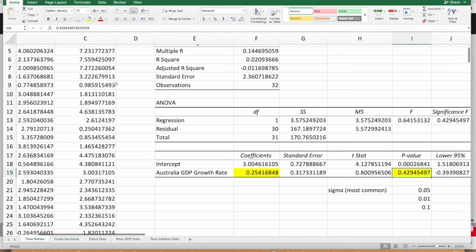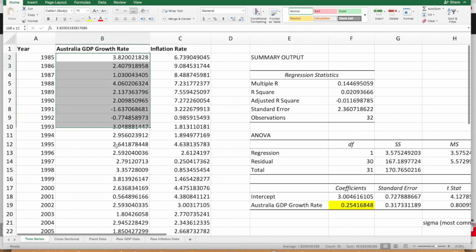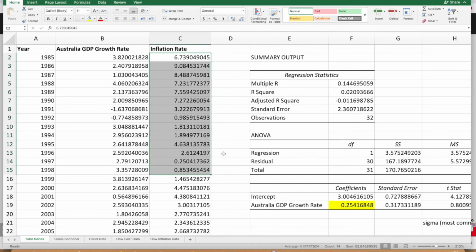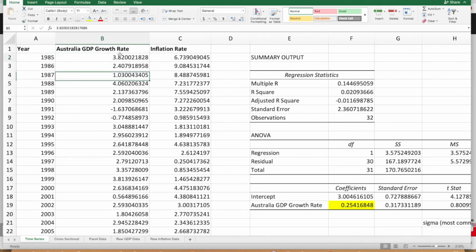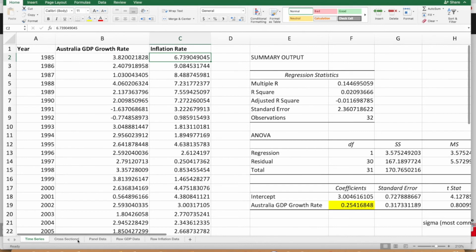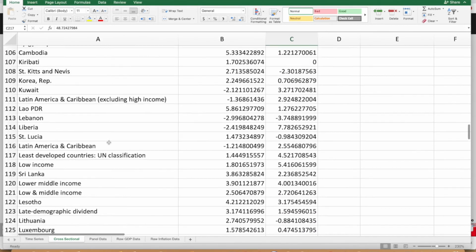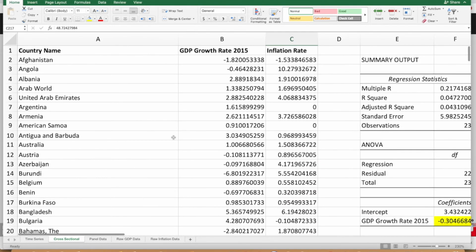The difference is here we were only looking within Australia, and Australia is more of a developed country, so it's probably going to have more like our first explanation where we have more people buying stuff when there's big growth. That leads to inflation. Versus cross-sectionally, we probably have a lot of scenarios where we have bad institutions that are leading to low growth and high inflation. Here's Angola as another example.